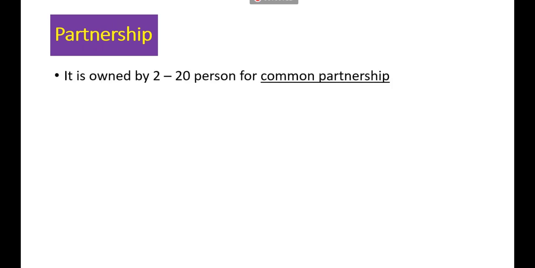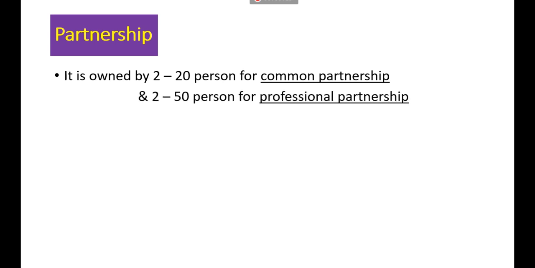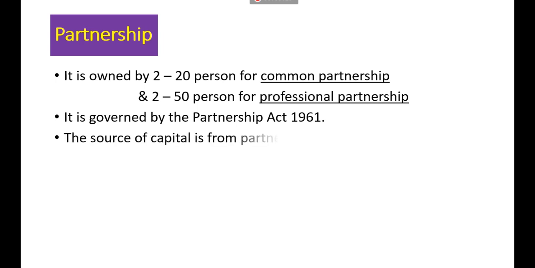The characteristics of a partnership business are: it is owned by 2 to 20 partners for common partnership and 2 to 50 for professional partnership. It is governed by the Partnership Act 1961. The source of capital is from partners' contributions.